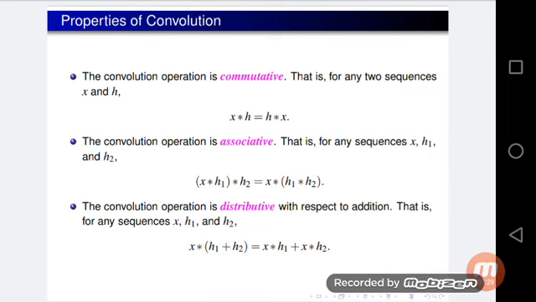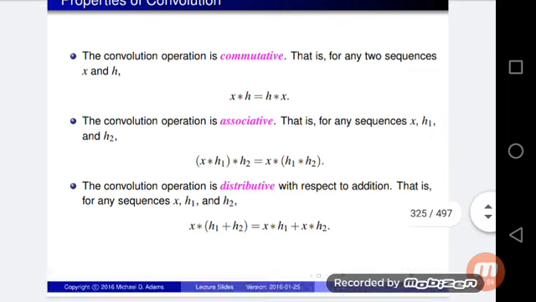So we are changing the data values as required. These are the three properties of convolutions: commutative, associative and distributive.